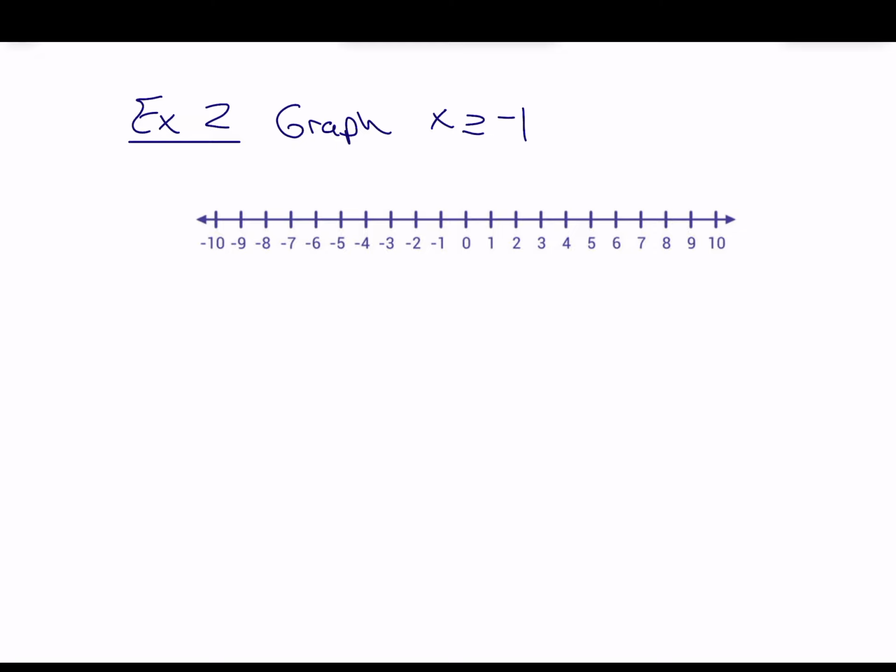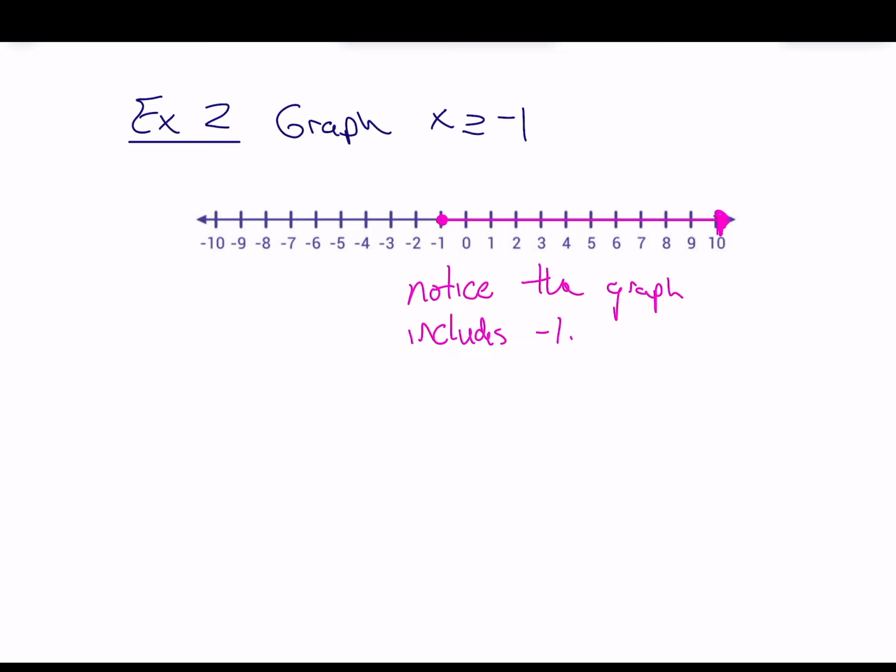So we'll put a filled in circle, not at 1, but at -1. And then we will extend to all the things that are greater than our -1. Again, notice the graph includes -1.